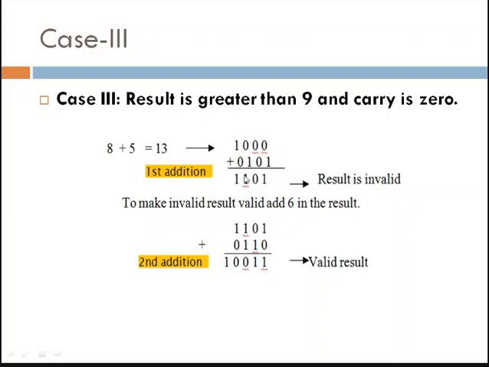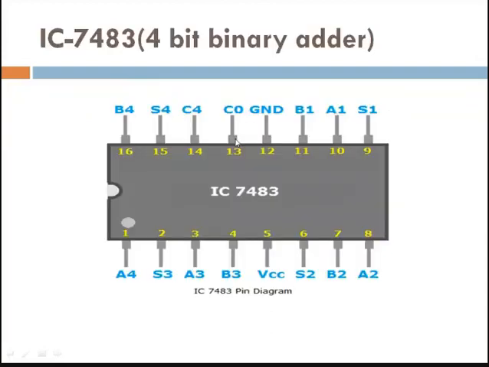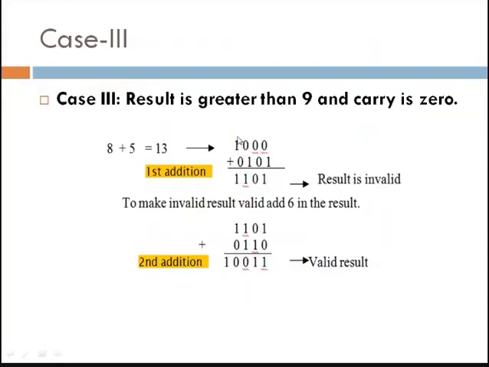See here, when we are performing these additions, the first addition or the second addition, how many bits do we require? Consider this is the A number, this is the B number, and this we are getting as the sum part. For the A number, we require 4 bits. So consider A4, A3, A2, and A1.